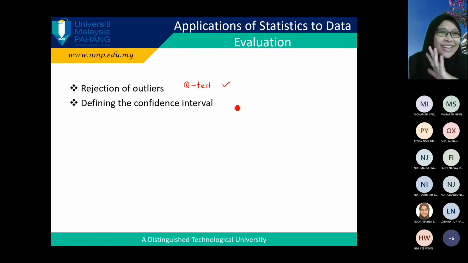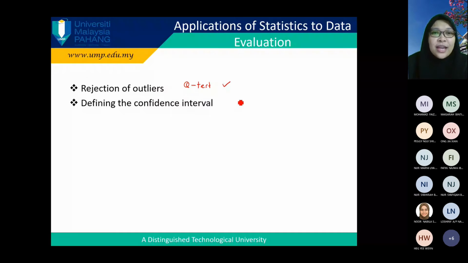I'm sorry because I cannot see who is speaking just now because I already used the slideshow, but it's okay. Let's move on. What does it mean by the confidence interval? It is the acceptable limit. For example, if you are doing testing.